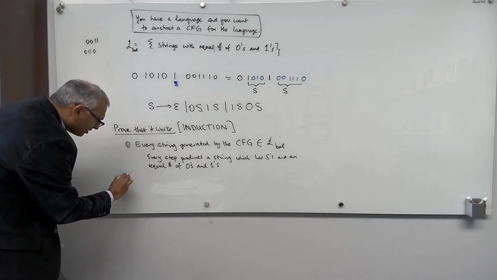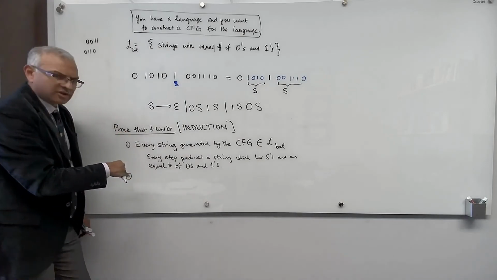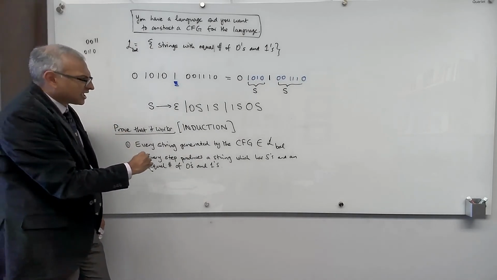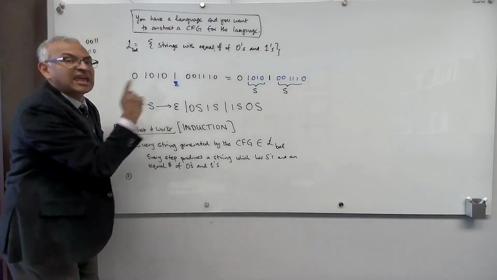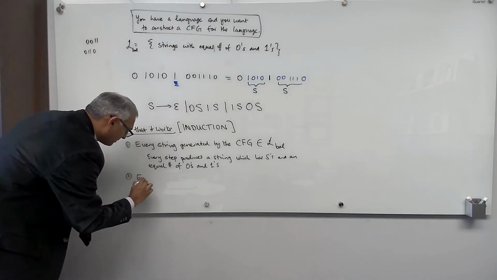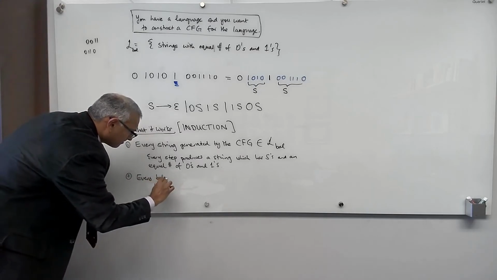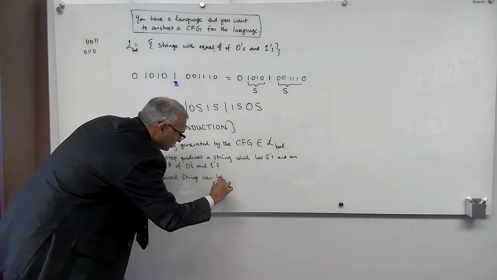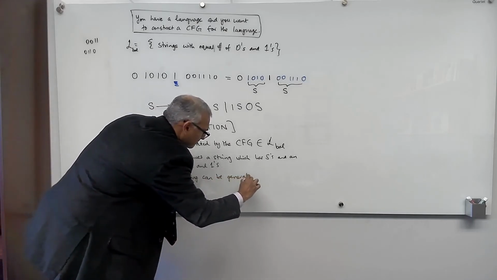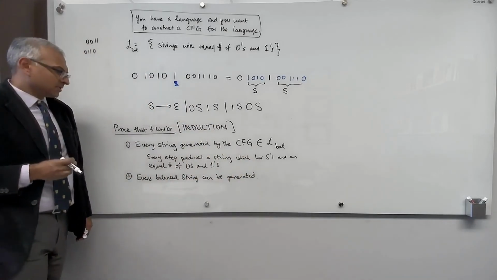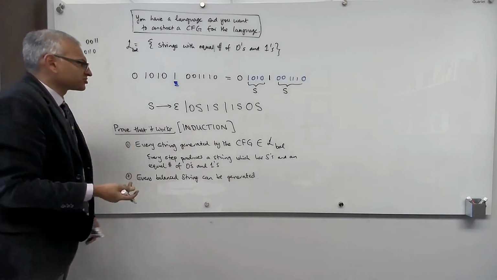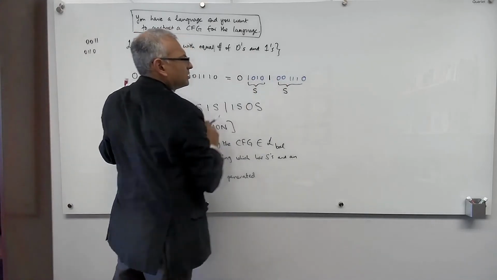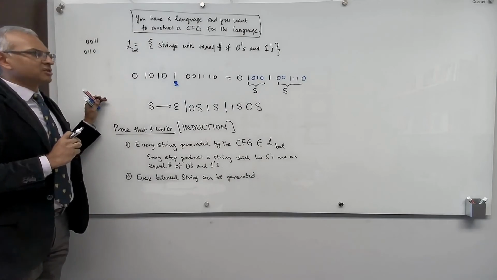The other thing that has to be proved, and this is important to realize that two things have to be proved. The other thing that has to be proved is that every balanced string can be generated. Okay. And what's the idea here? Let's consider a balanced string. Well, the structure of any such balanced string becomes crucial.